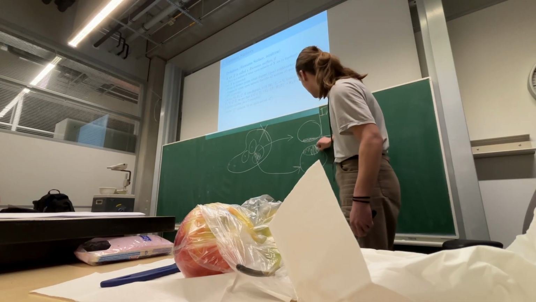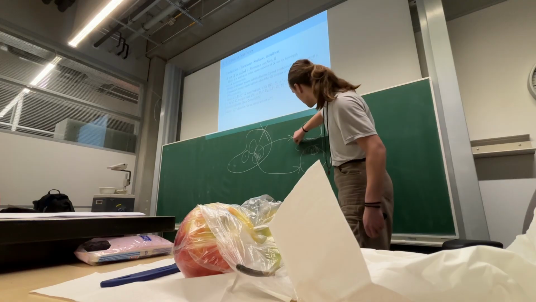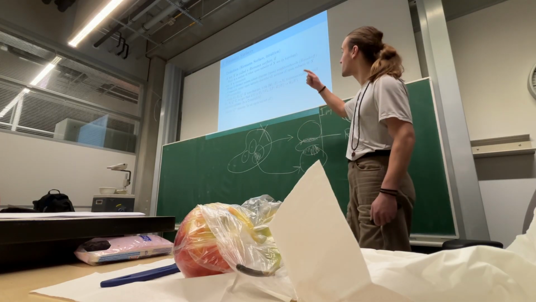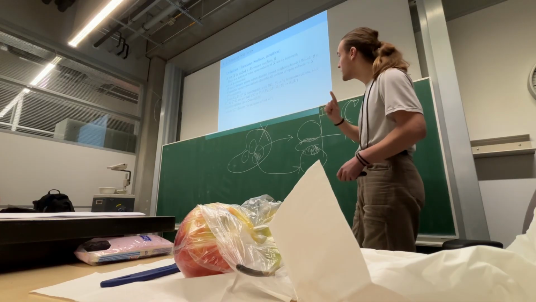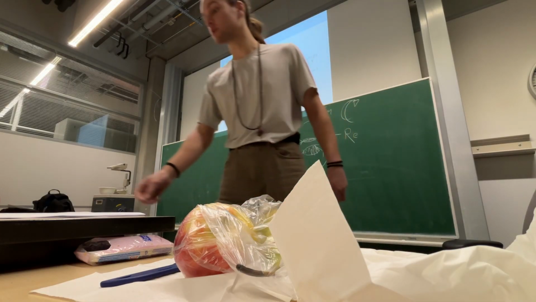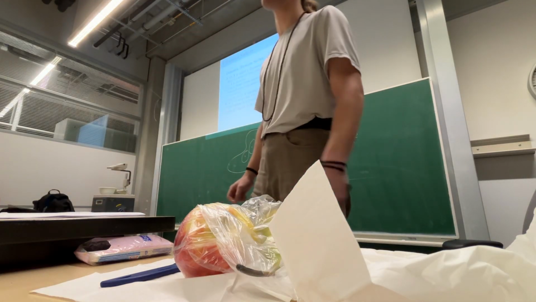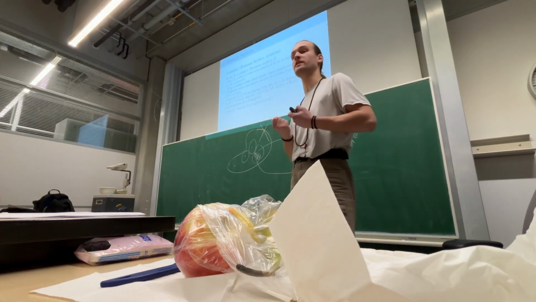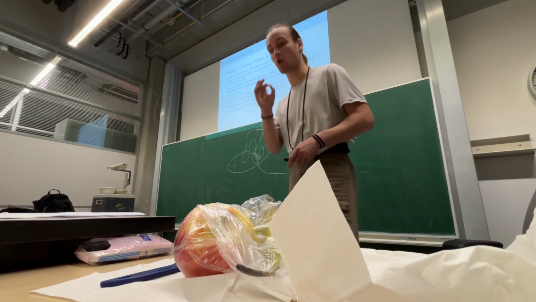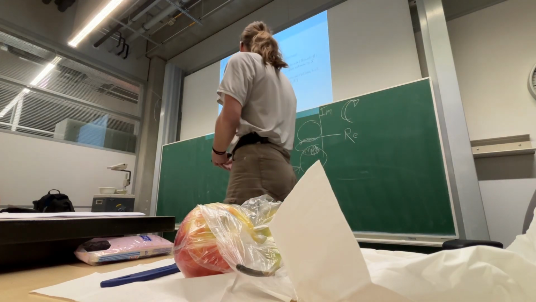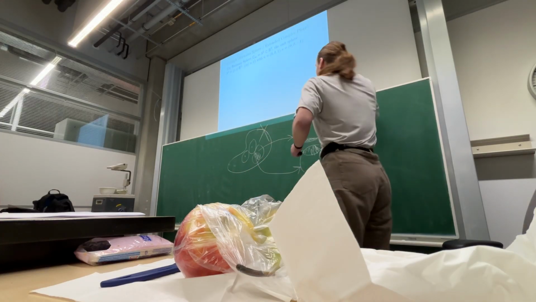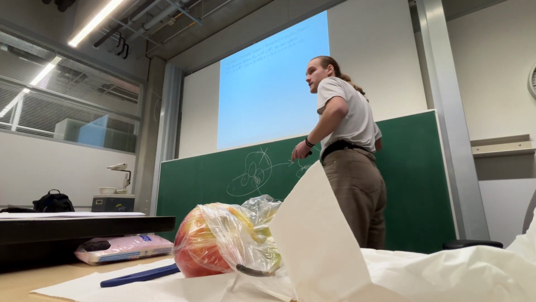The transition function must not only be a homeomorphism, so not only a continuous function with a continuous inverse, but it must be a biholomorphism, so it must also be differentiable and have a differentiable inverse, and it's even differentiable in the complex sense. So that's the definition of a Riemann surface.